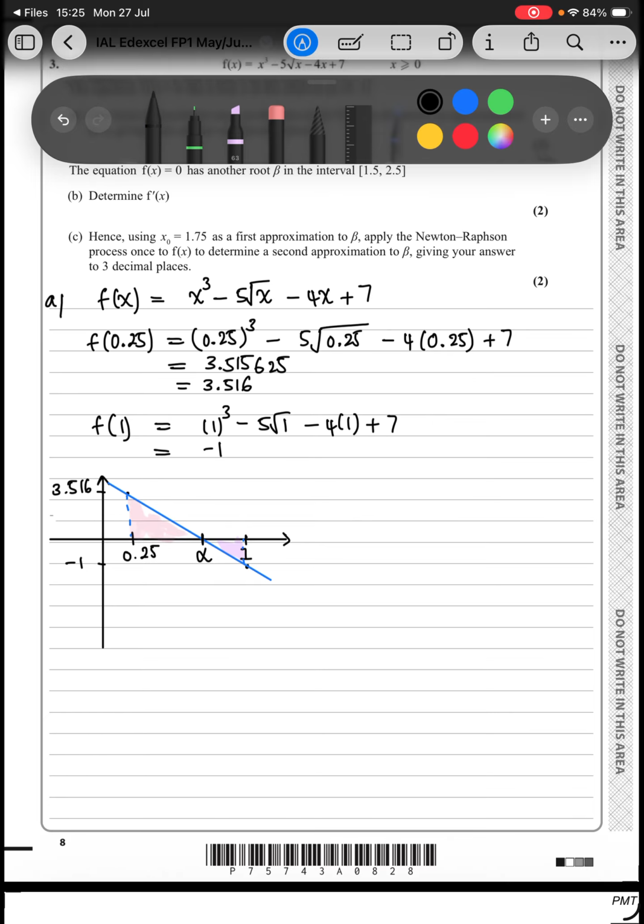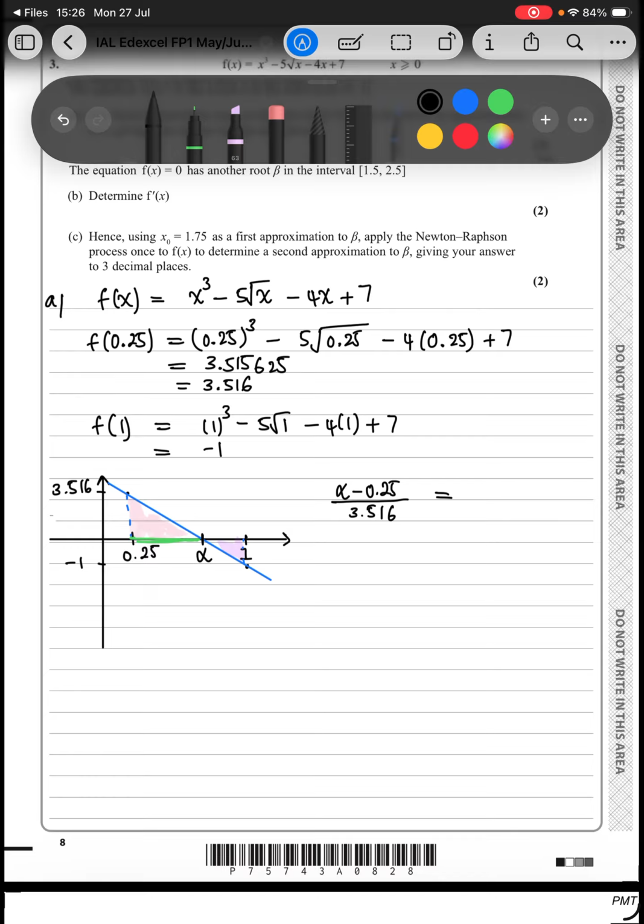So I can say alpha minus 0.25, which is this one, over the height, which is 3.516 minus 0, which is 3.516, equals the other triangle's width over the height.